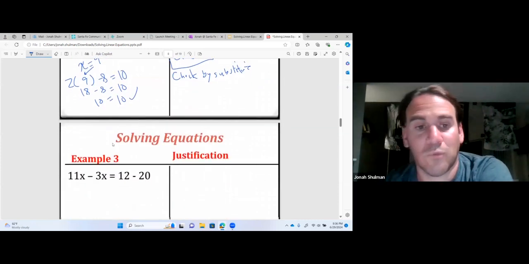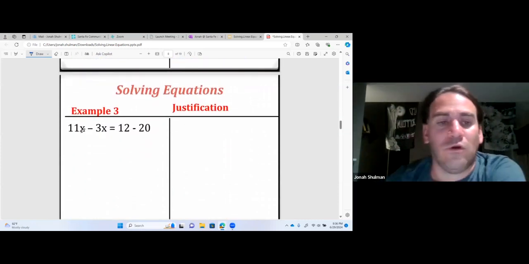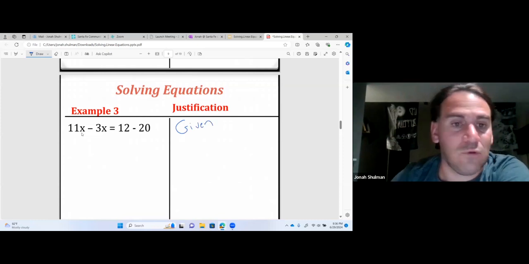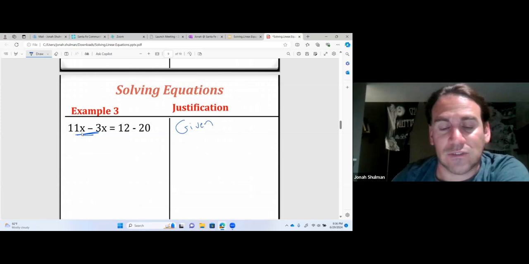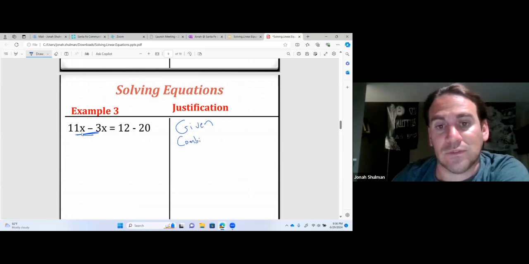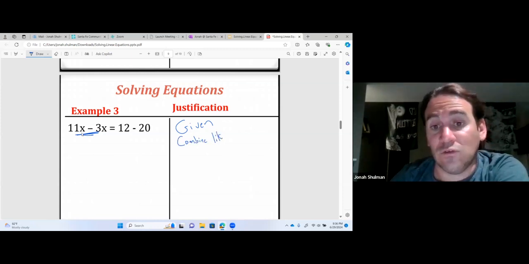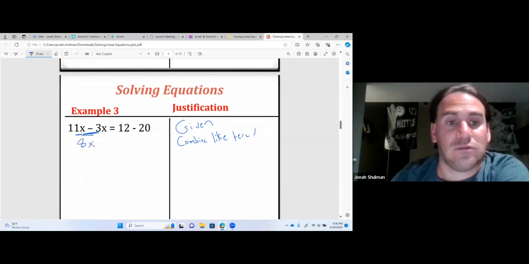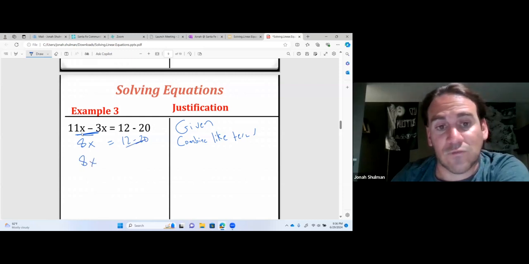And let's just try one more. So here, we have to put these two together. The first step is given, but then we're doing this. 11x minus 3x. So we are combining like terms. Or you can write 11x minus 3x, that's 8x. And then this is 12 minus 20. And then we have to combine like terms over here.